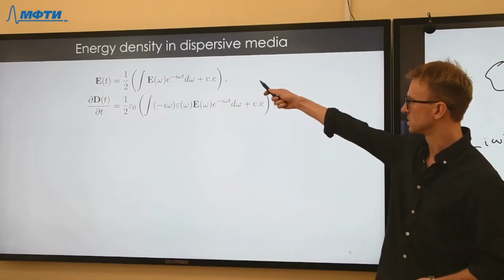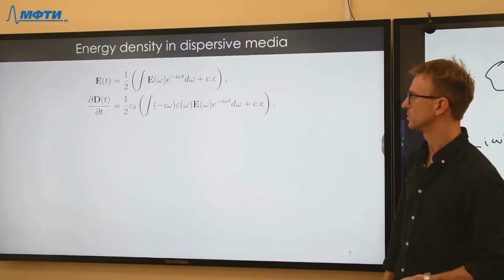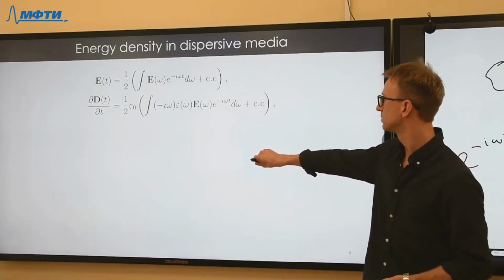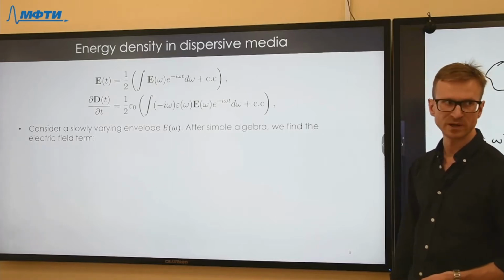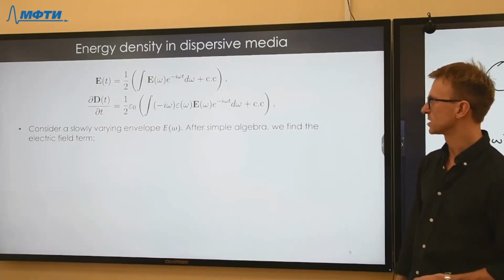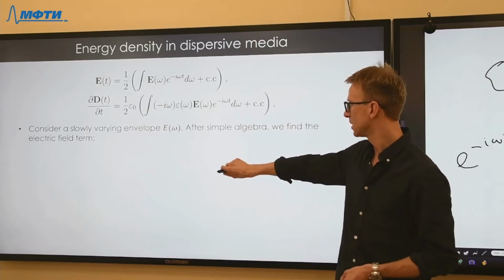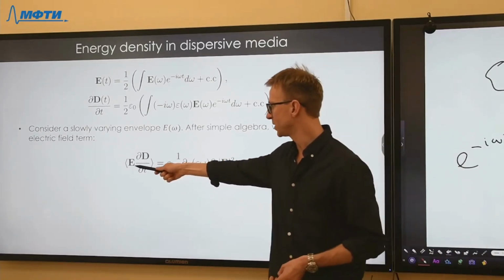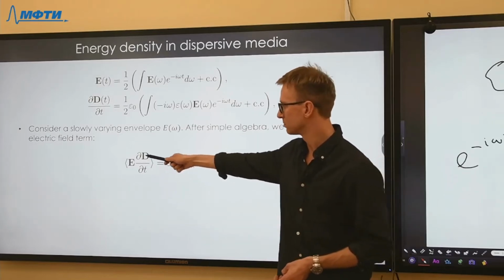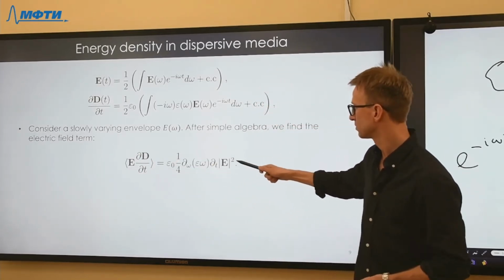Again, this is the electric field and the time derivative. And now we assume that the fields are varying slowly. They're described by some narrowband pulses. And after simple algebra, we find that the period average value of this product equals this.